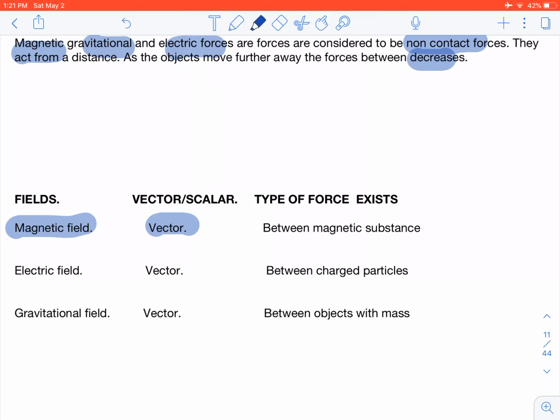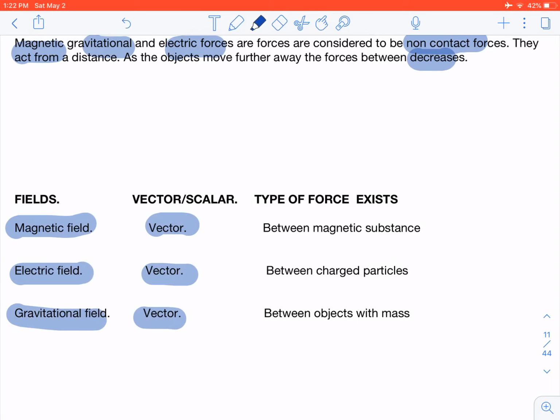The same thing for an electric field. We need to take the direction as well as the magnitude into account. And even the gravitational field is a vector quantity.